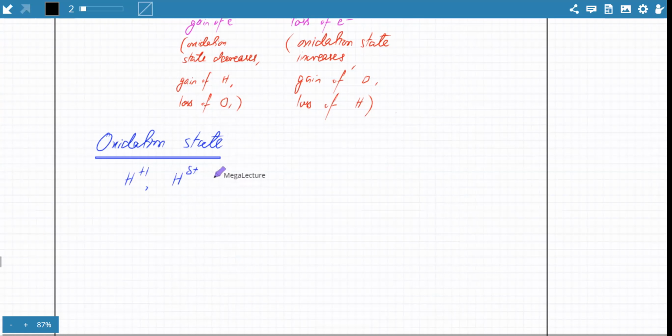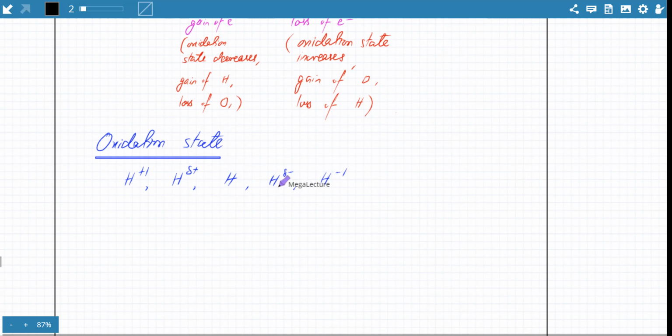Partial positive indicates that it's slightly losing electrons. Or H could be completely neutral, or it could be partial negative, or it could have a charge of -1, which means it has gained 1 electron, right? So these are different states that an H can exist in.